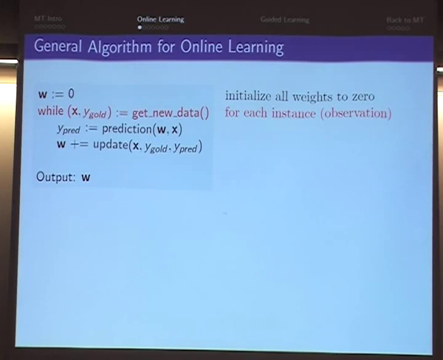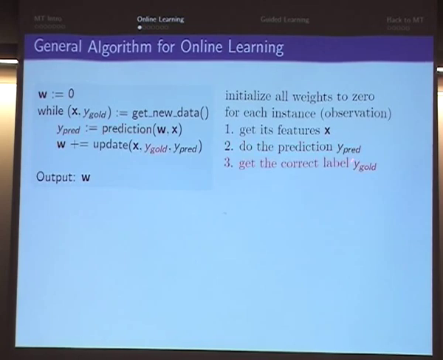But the ordering is first you get this instance, and I just consider this as a vector of features to make the notation simpler. So you get a new observation, you do the prediction, and this is the predicted label. After that, you get from the outside world the correct label, and you update the weight. So if you made an error, you somehow update the weight so you are less likely to make the same error next time. That's the general approach.